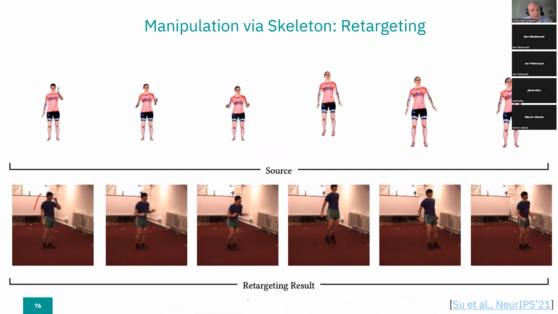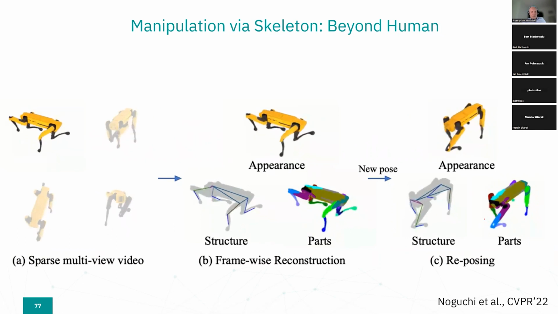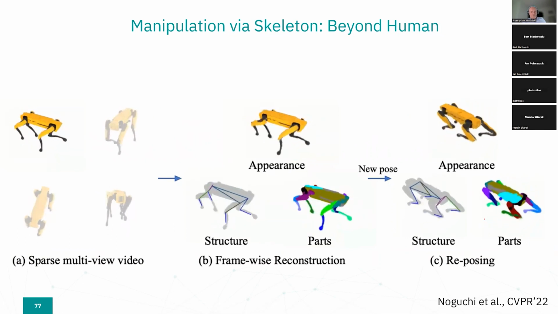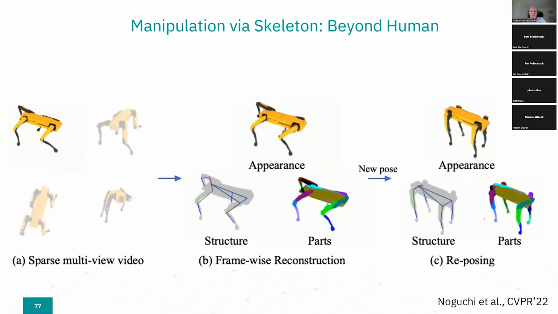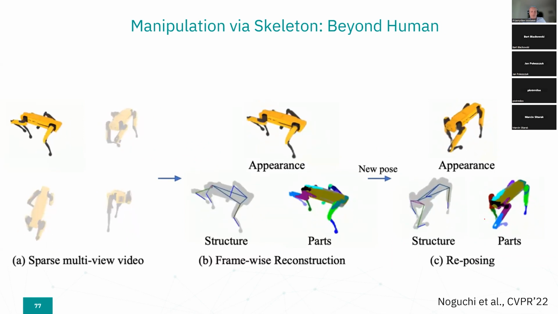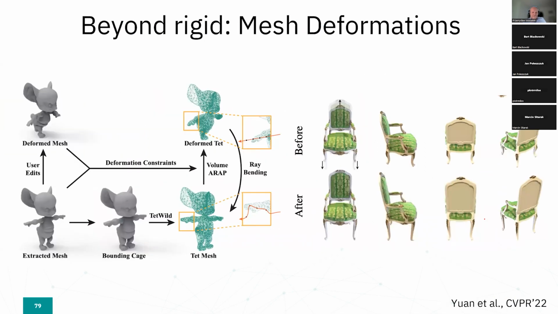It recognizes the person and it can retarget the person in the video. Various appearance and movements can be transformed from one object to another object. Yeah, let me skip that one.